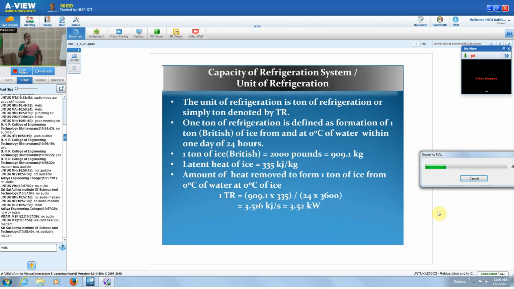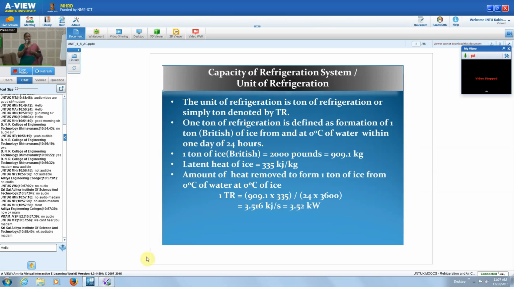So the ice was formed at 0 degrees centigrade when the water is also taken at 0 degrees centigrade, and it is done in a period of 1 day or 24 hours. 1 ton of ice means 2000 pounds, which is equal to 909.1 kg, and because the latent heat of ice is 335 kilojoules per kg, the amount of heat removed from 1 ton of water to get 1 ton of ice is 909.1 into the latent heat 335, which is converted into seconds.